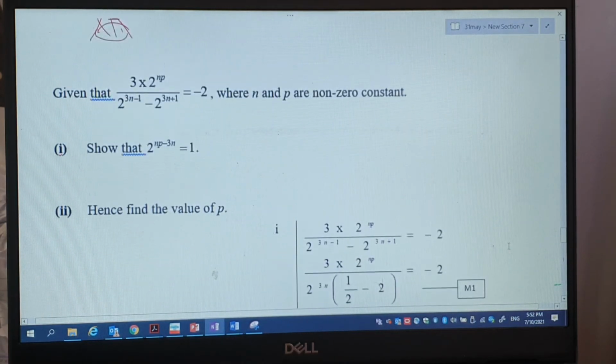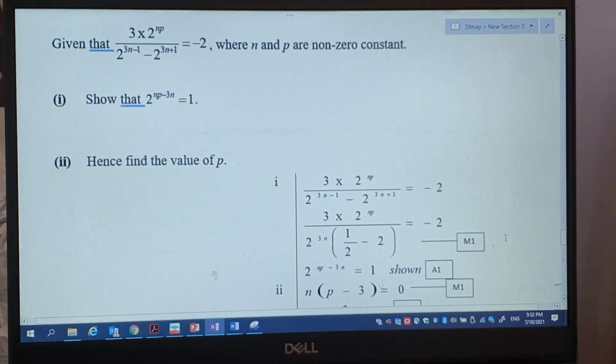Now we are going to do indices again. Okay, indices, just now I've shown you one kind, where after that you solve simultaneous equations. There's a little bit of manipulation there. This one is another kind of manipulation question. Okay, this is 3 times 2 to the power np over 2 to the power 3n minus 1 minus.